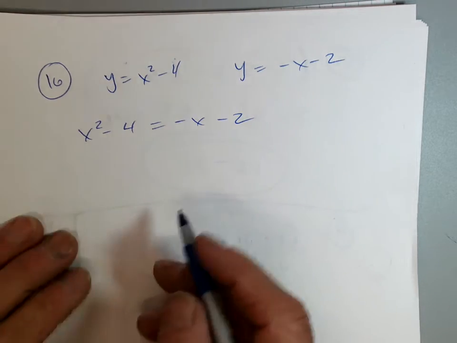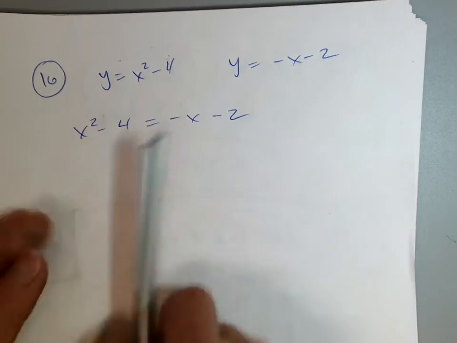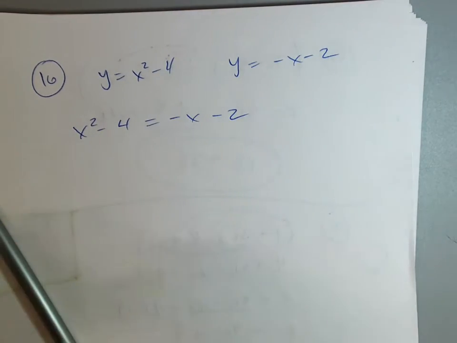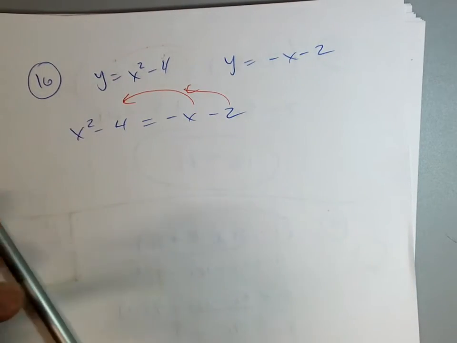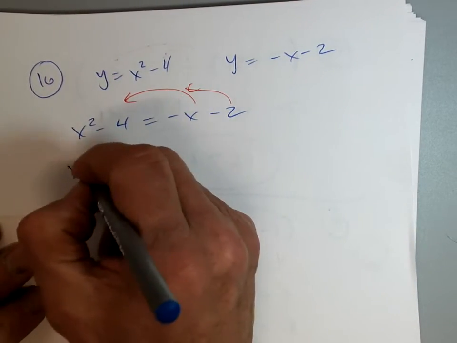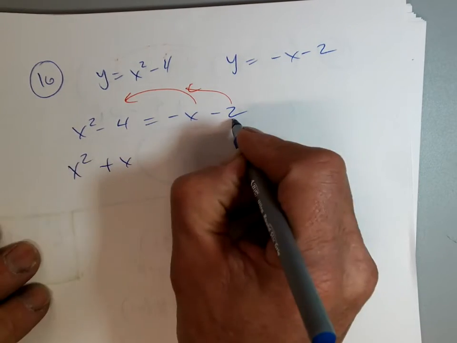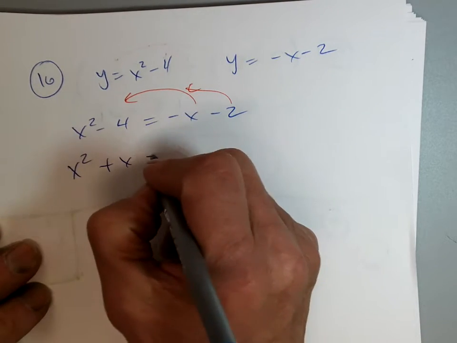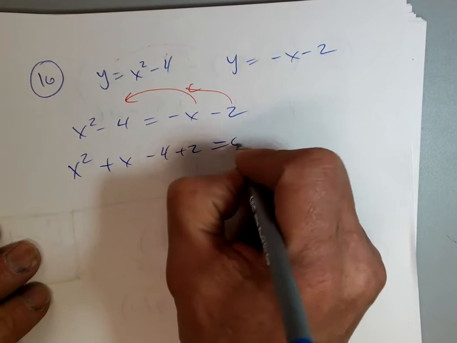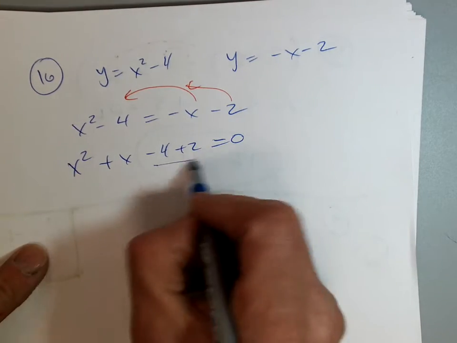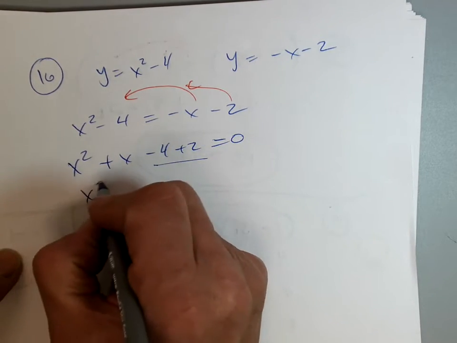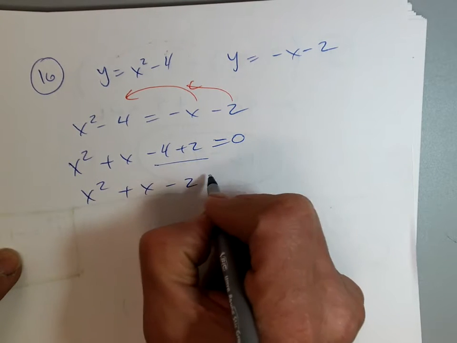So if I were to solve, I'm going to bring over my negative x and my negative 2. So I'll have x squared plus x, and I'll add my 2: negative 4 plus 2 equals negative 2, so x squared plus x minus 2 equals 0.